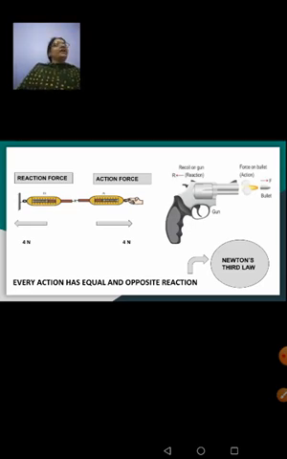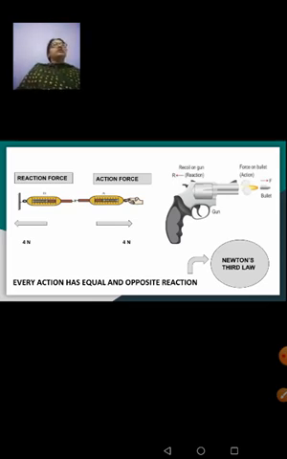So when you fire the bullet out from the gun, the force on the bullet is your action force, and the recoiling of the gun is the reaction force. And you see here, the action force is on the bullet and the reaction force is on the gun. So action and reaction force always act on two different bodies.